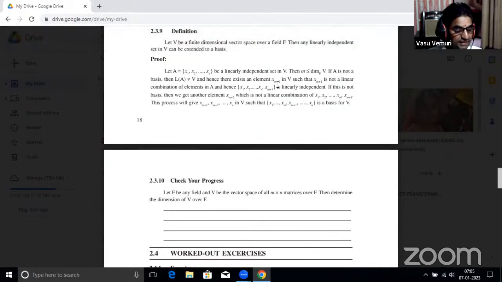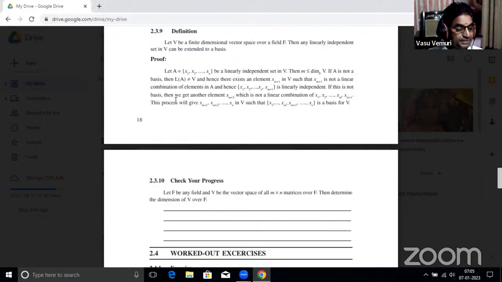Then there exists an element xm plus 1 belonging to V which is not a linear combination of the elements in the set capital A. Therefore, the set of x1, x2, and so on, xm and xm plus 1 is linearly independent.